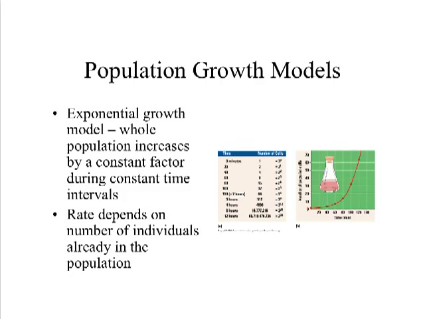An exponential growth rate is going to look like this graph over here, where we've got slow growth at first, and then bam, it pops up. The more individuals you have and the more time you've got, the faster it'll grow over time.